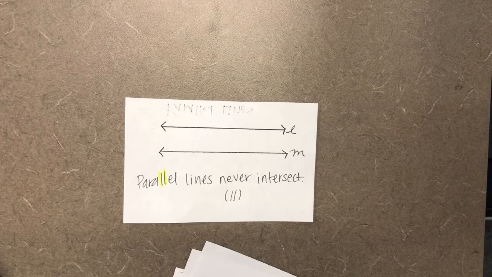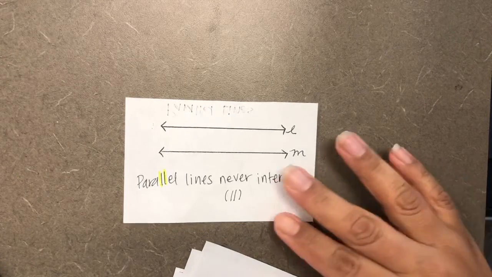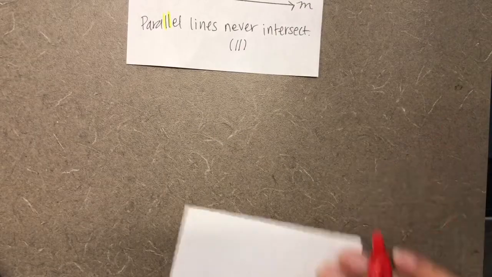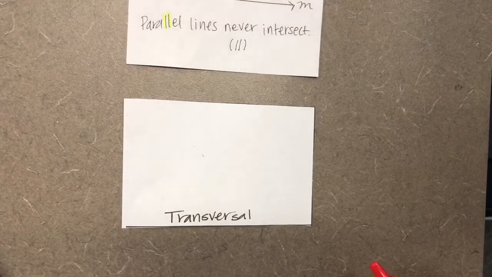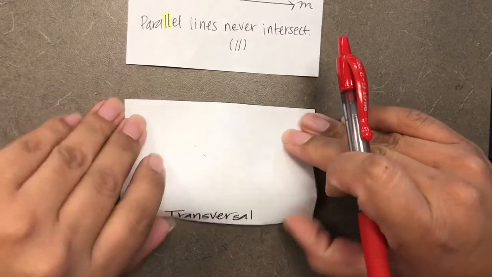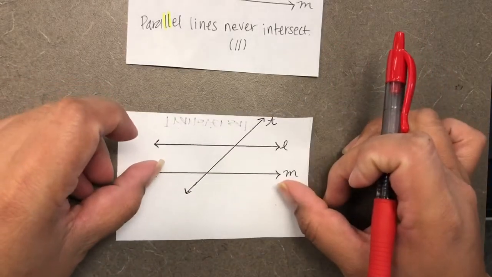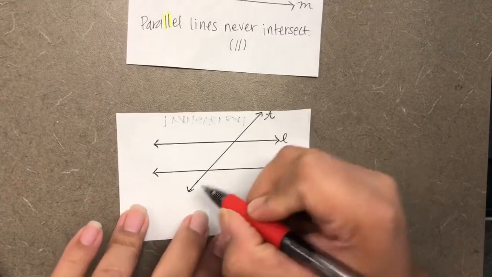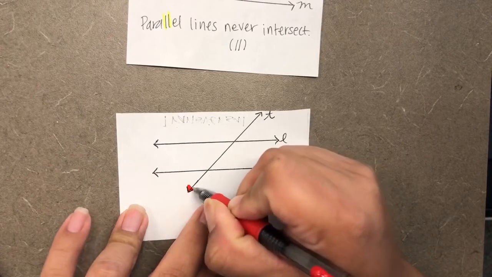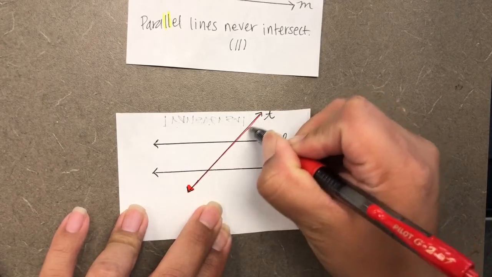All right, so the next one you guys are gonna need, so I'll just move this one up here, is transversal. Okay, and we're gonna need our red color for this one. We're gonna go ahead and flip it. The transversal is a line that crosses a set of parallel lines, and that is what basically creates the relationships.